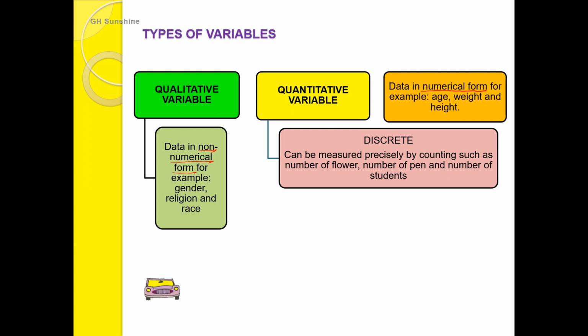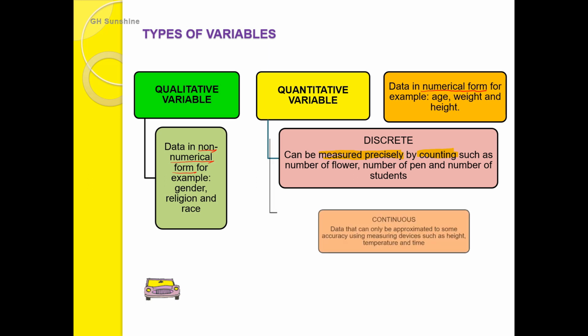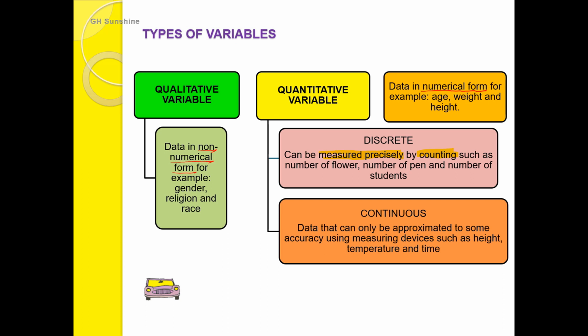So here, measured precisely, normally by counting. For example, number of flowers, number of pens, number of students, number of cars. So that one is discrete quantitative variable. The other one is continuous quantitative variable.